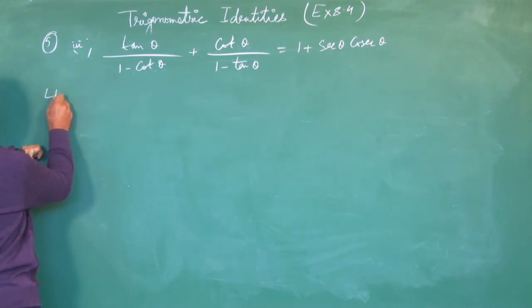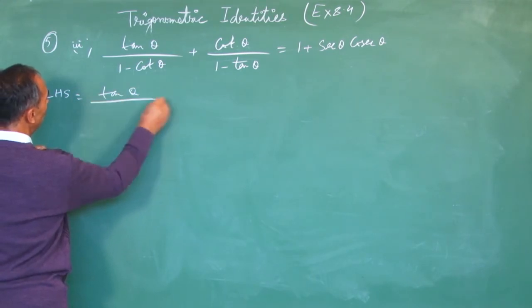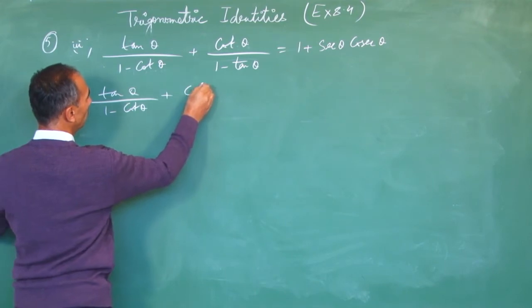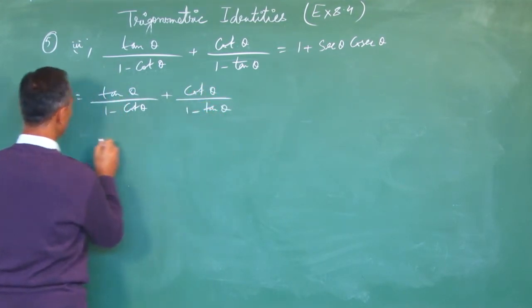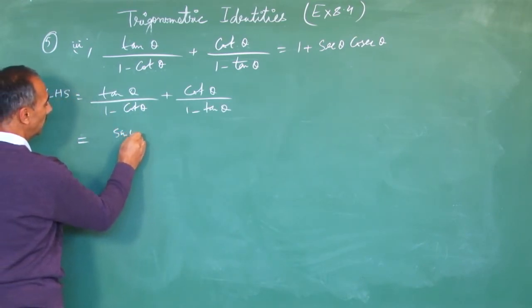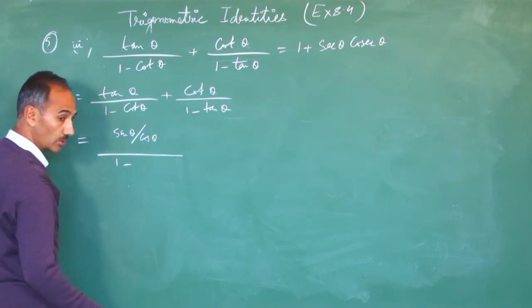So I will take my left hand side, that is tan theta upon 1 minus cot of theta plus cot of theta divided by 1 minus tan of theta. So if I express them in terms of the basic, tan will be sine theta upon cos of theta divided by 1 minus, and what is cot?